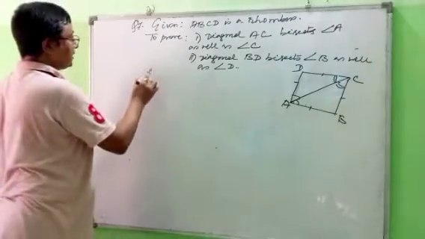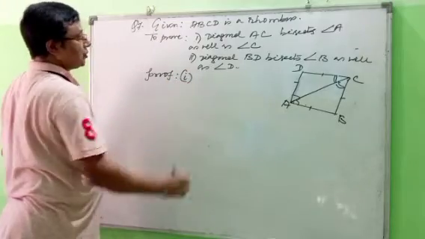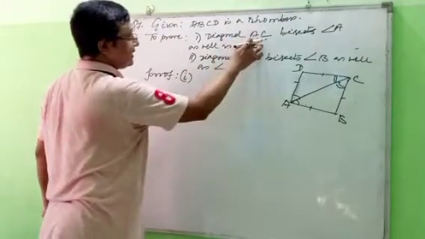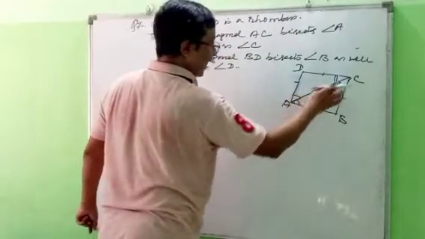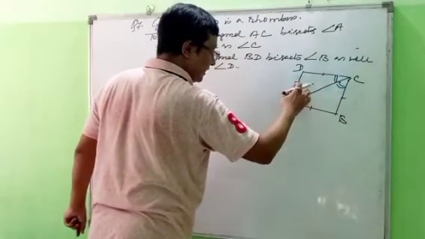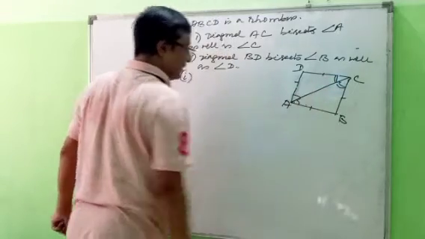Now let us take the first proof of 1. The diagonal AC bisects angle A as well as angle C, so the diagonal AC should divide angle A and angle C into equal measures.